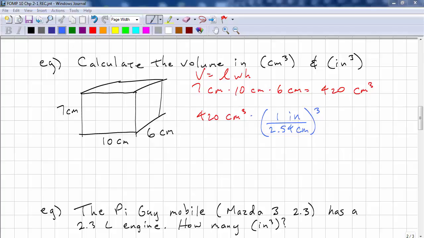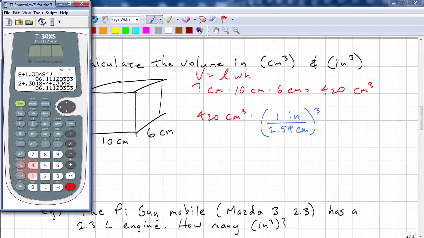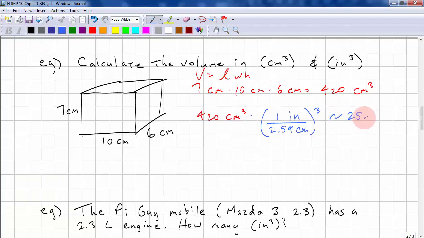So the way we enter this on the calculator is 420 divided by, and you may need brackets if you're on a non-BEDMAS calculator, and raised to the power of 3 if you don't have a cube button. Okay, and our answer is approximately 25.6 cubic inches.